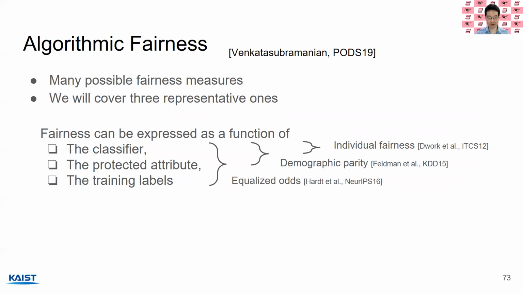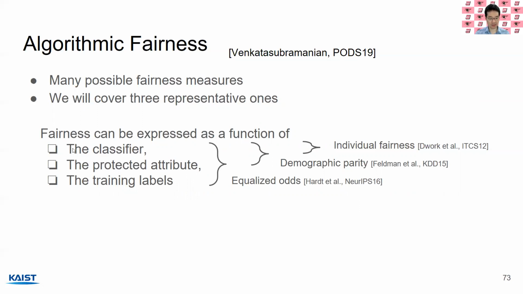Fairness is a very subjective notion, and there are at least tens of possible definitions out there. Among the surveys, I personally like the tutorial presented by Suresh in PODS 19. He categorizes the fairness measures into largely three groups. One is those that only use the classifier, representative measures called individual fairness.